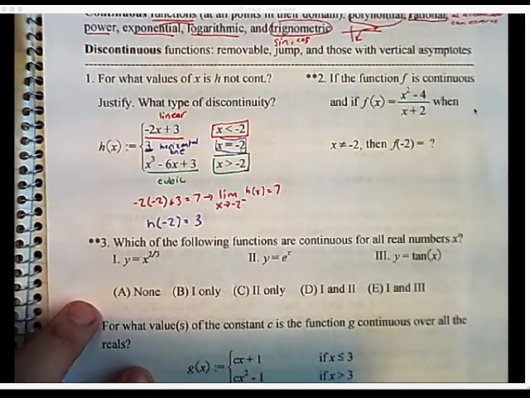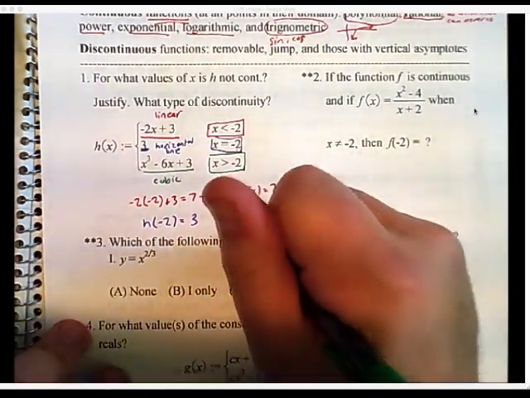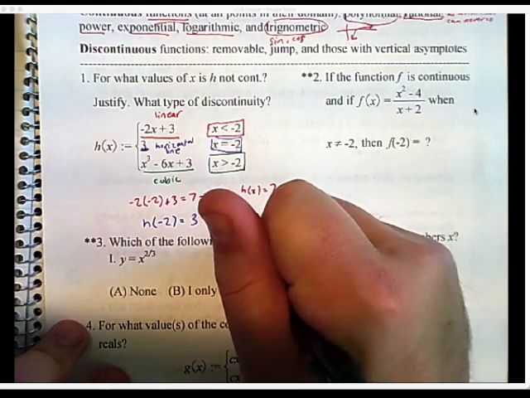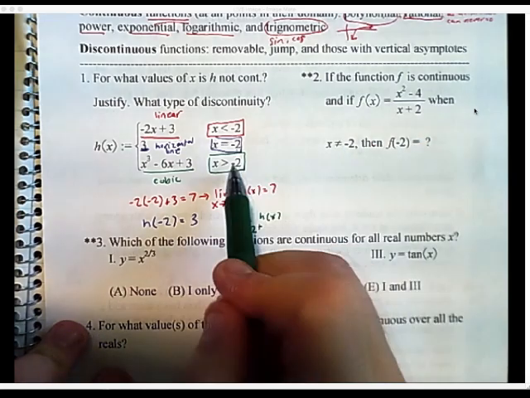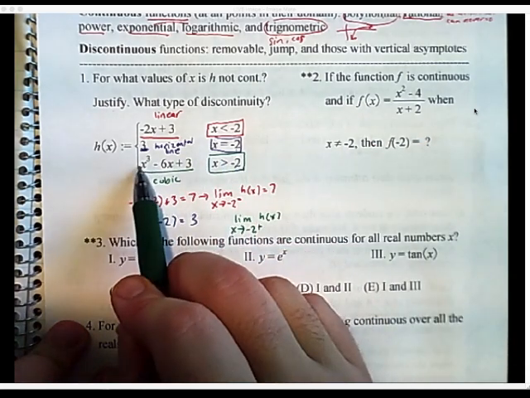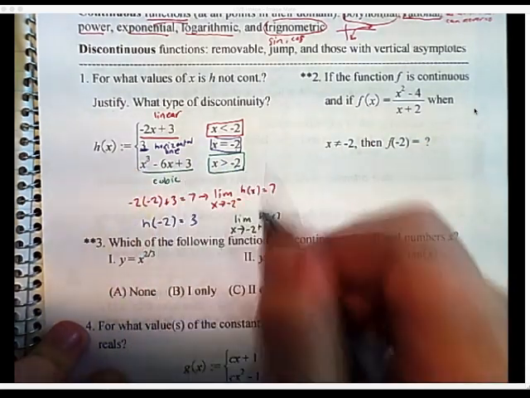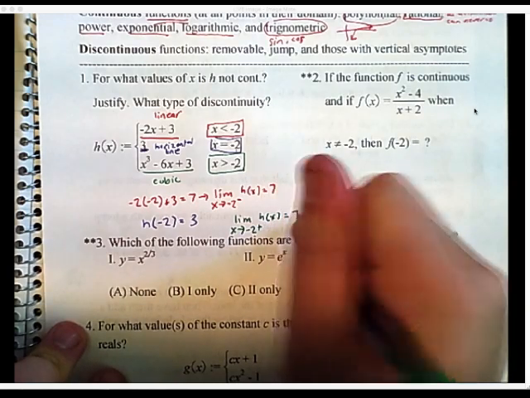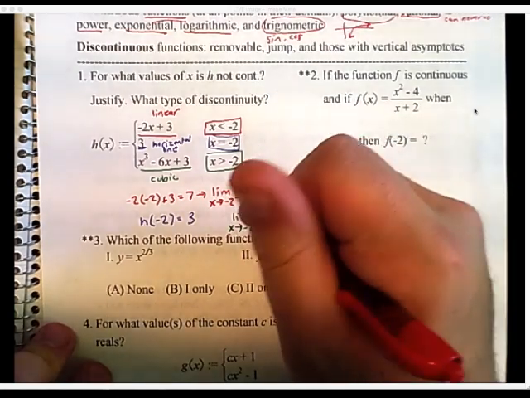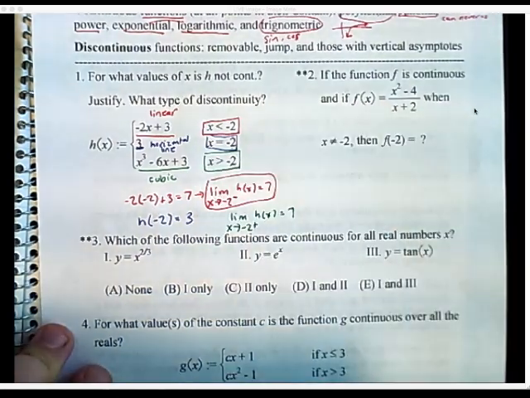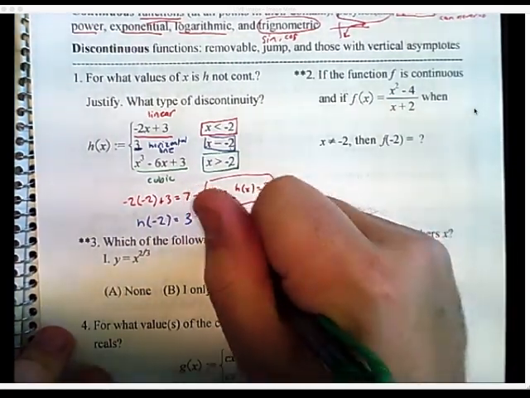Okay. And what about the right limit? Well, the limit as x approaches -2 from the right, I'd be using this green part. So when I plugged in -2 here, I got 7. So if you think about the definition of continuity, here the left limit equals the right limit.